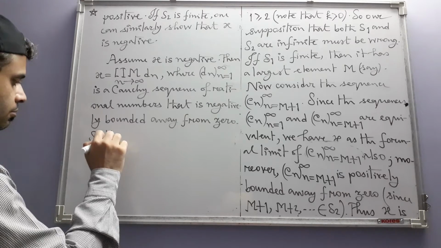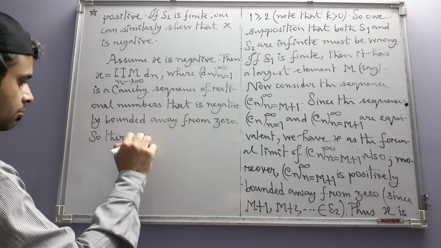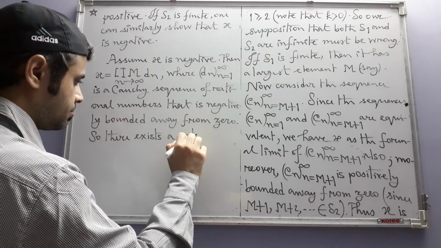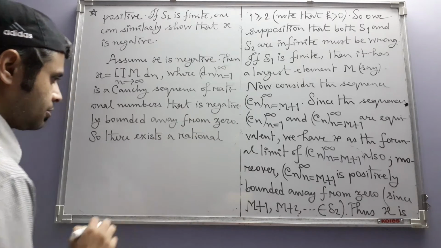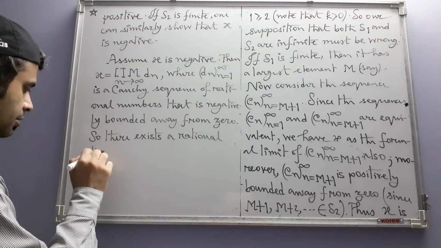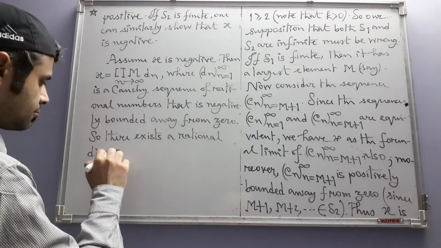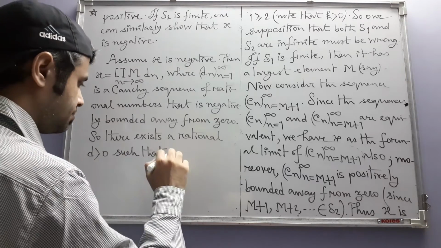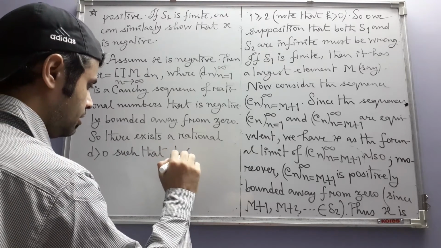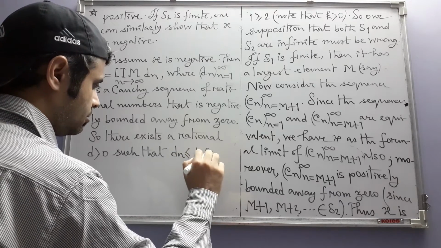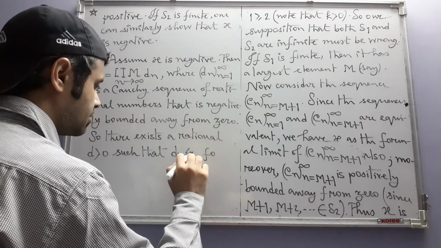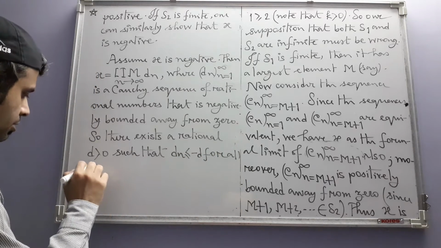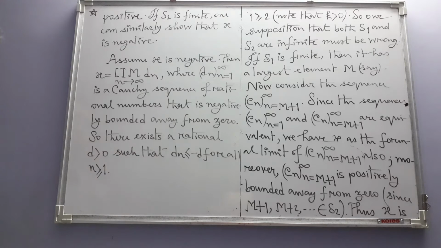So there exists a rational d greater than 0 such that d_n is less than or equal to minus d for all indices n greater than or equal to 1.